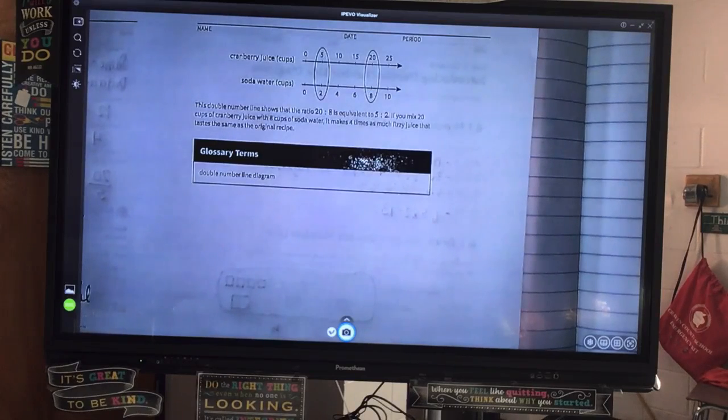How many of you are done with Imagine Math? Okay, how many of you have makeup work that you would like to work on? If you haven't finished Lexia yet, you can work on Lexia.